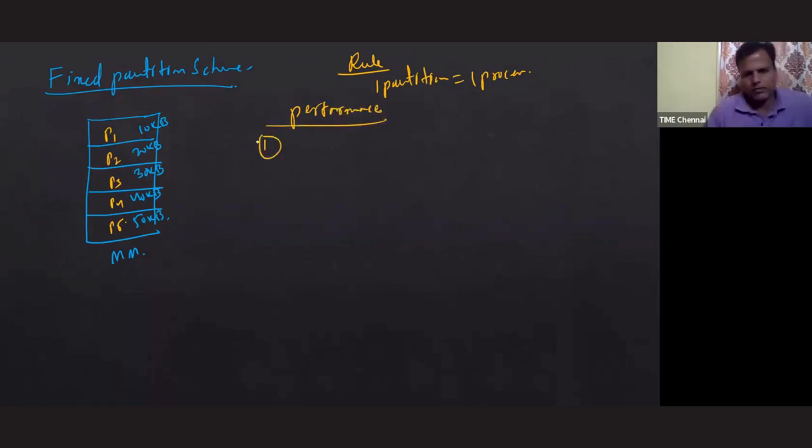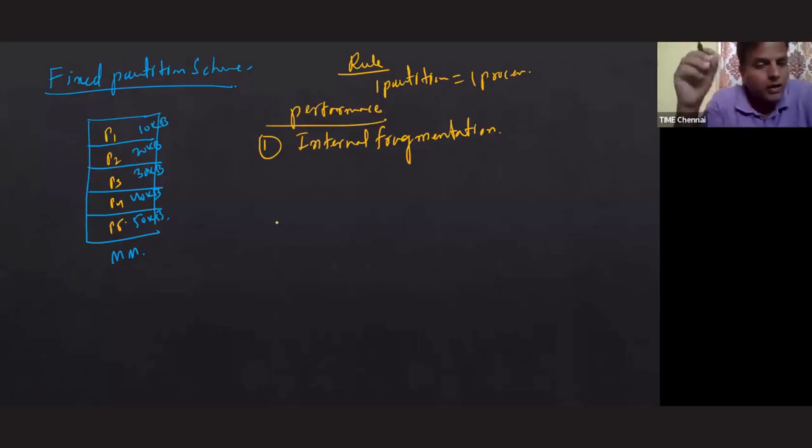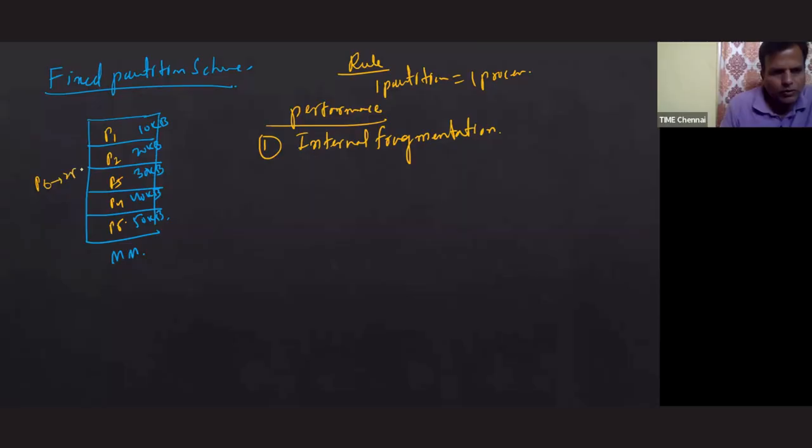The first one is internal fragmentation. Is it there or not, sir? What is the meaning of internal fragmentation? Fragmentation means wastage of memory. Internal fragmentation means wastage of memory within the partition. Let's assume after some time, process P3 completed its execution, and I brought another process P6, whose size is 25 KB.